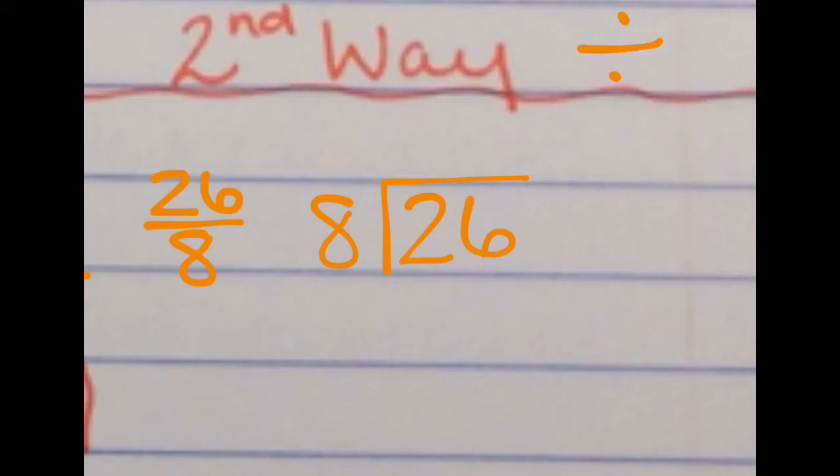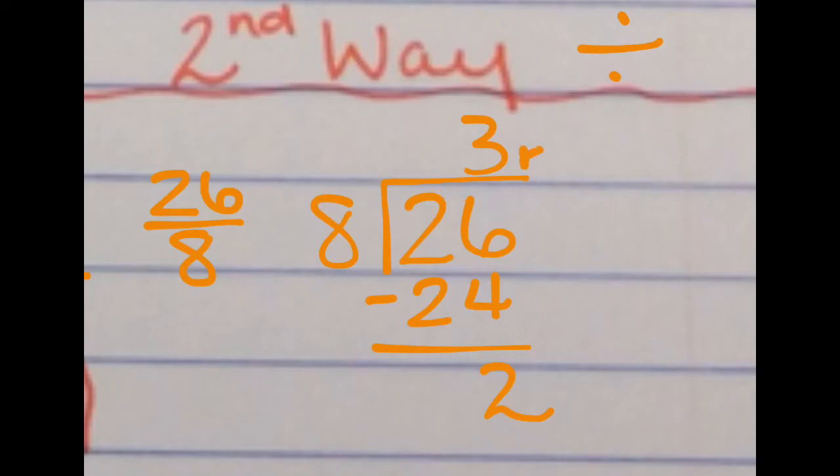8 won't go into 2, but it'll go into 26. Three times 8 is 24. Subtract, you get 2 left over. So you come over here and 3 is going to be your whole number.